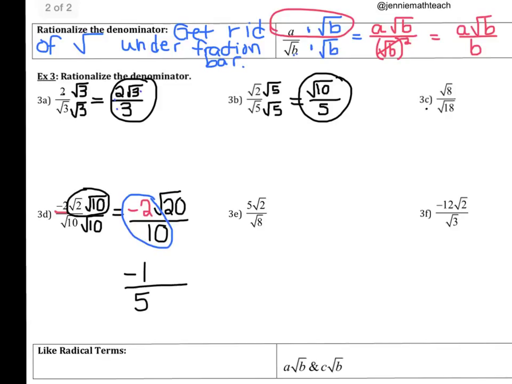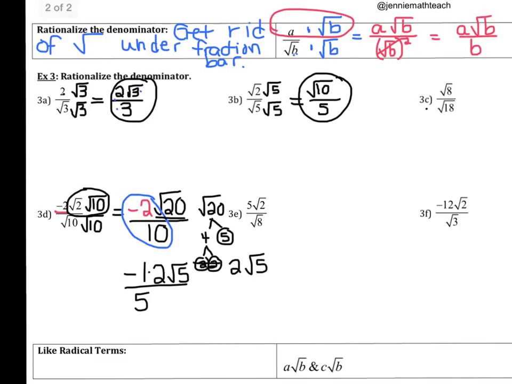Now let's think about simplifying the square root of 20. If we factor tree this, we can break it into 4 times 5 and 2 times 2, which means the 2's will come out, the 5 will stay, and on top, right where the square root of 20 was, we will have 2 times the square root of 5.